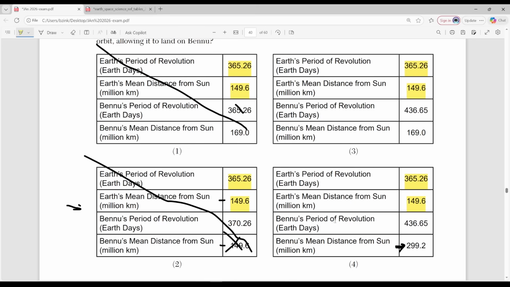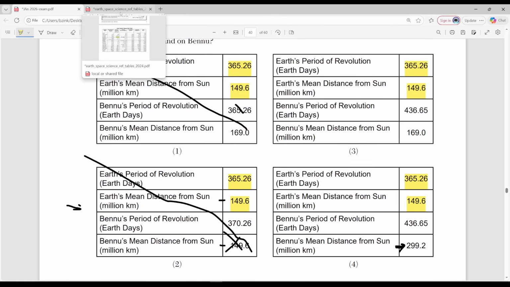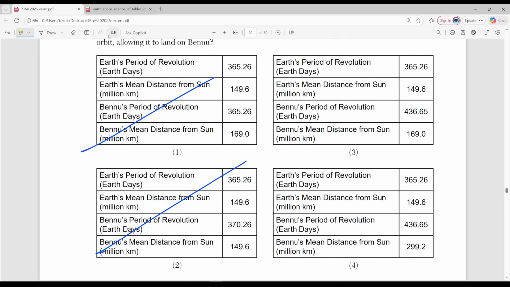So now we're between a period of revolution being 436 and the mean distance from the Sun being 300 million. I had to reload my reference table in my test here.